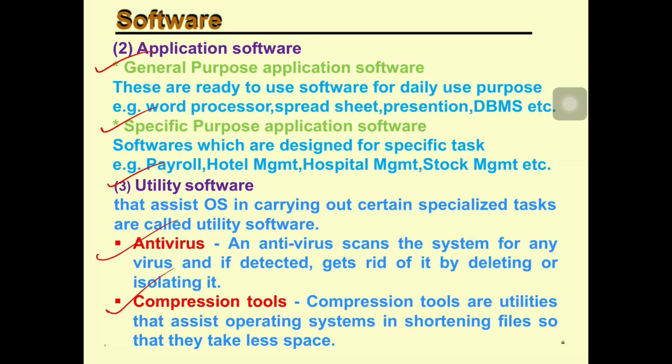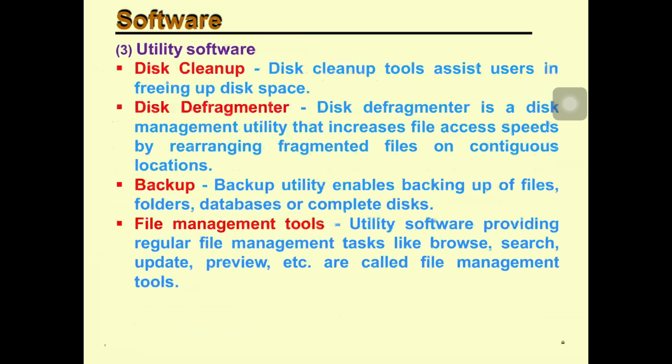Antivirus is used to remove viruses from the computer. Compression tools are used for compressing our data, or making the data a small size, so that we can utilize less space.